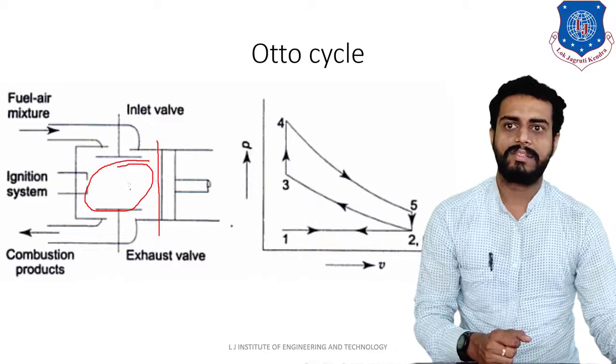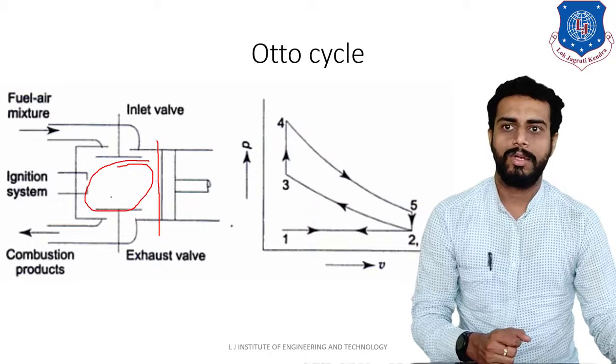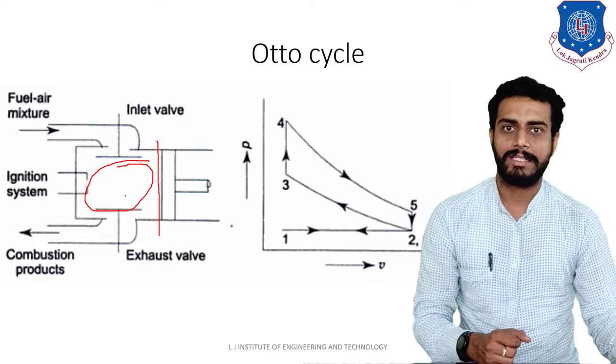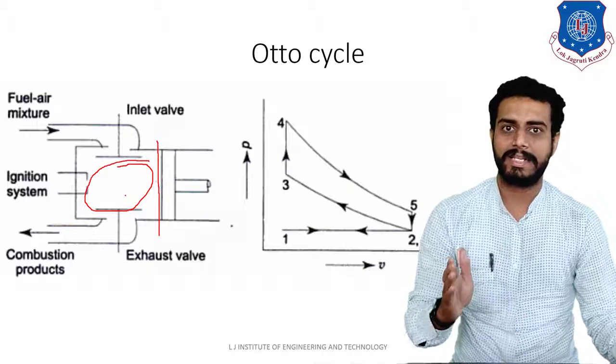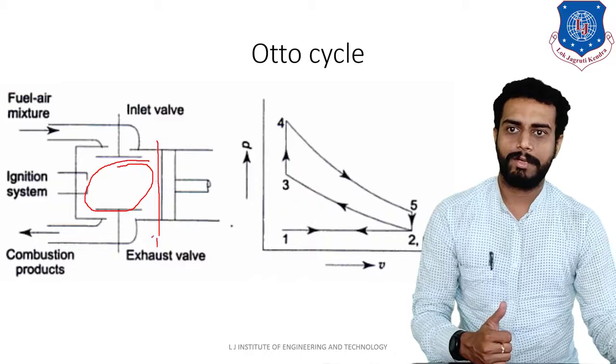This is known as clearance volume. Okay students, clearance volume is the volume in the cylinder cavity when the piston is either at inner dead center or top dead center, right? That is representing point number 1.